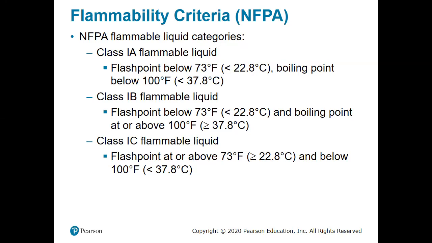In class 1A, we're talking about a flash point below 73. That sounds familiar. And a boiling point below 100. Also should sound familiar to you. This is the exact same definition that we gave for category 1 in OSHA.